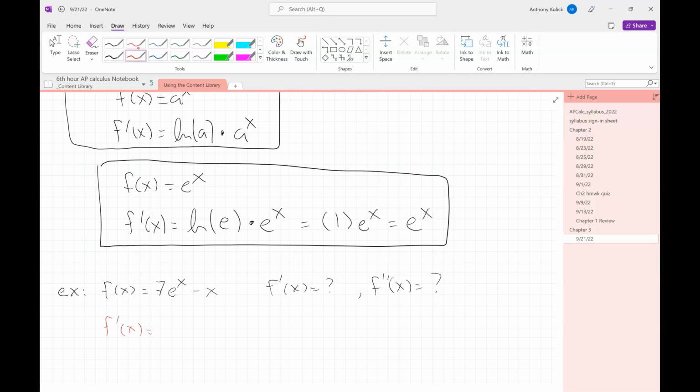What's the first derivative going to be? Great. And what's the second derivative going to be? And any derivatives after the second derivative? 7e to the x.